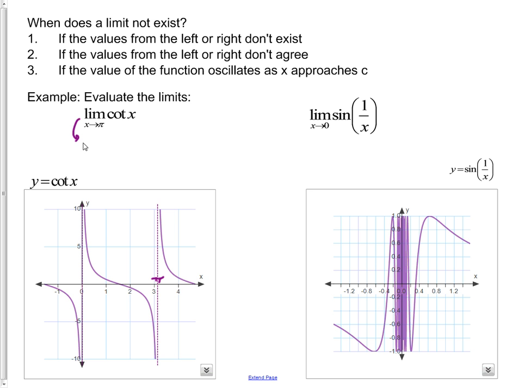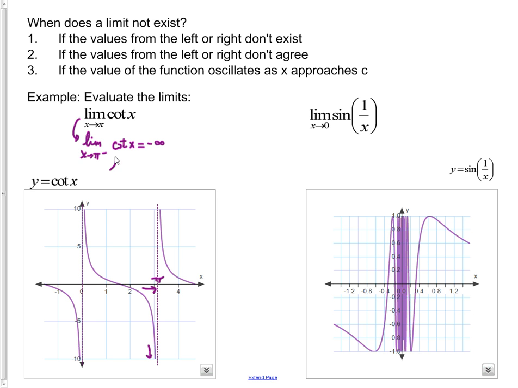We might say that if we were to attempt to take the limit as x approached pi from the left for cotangent of x, we can see that as we get closer and closer to pi in the x direction, this is the kind of function that's going to tend towards negative infinity.